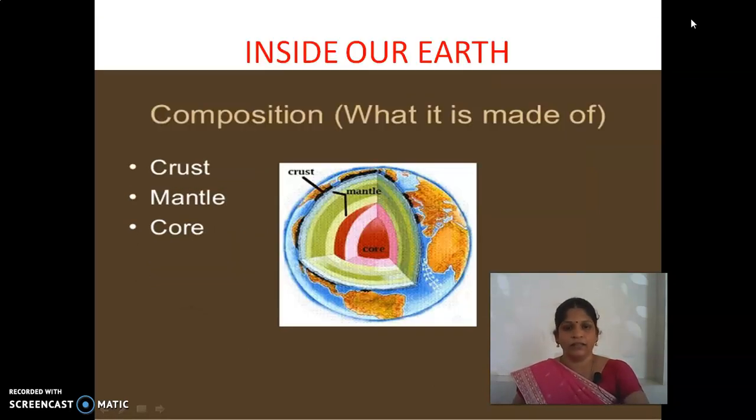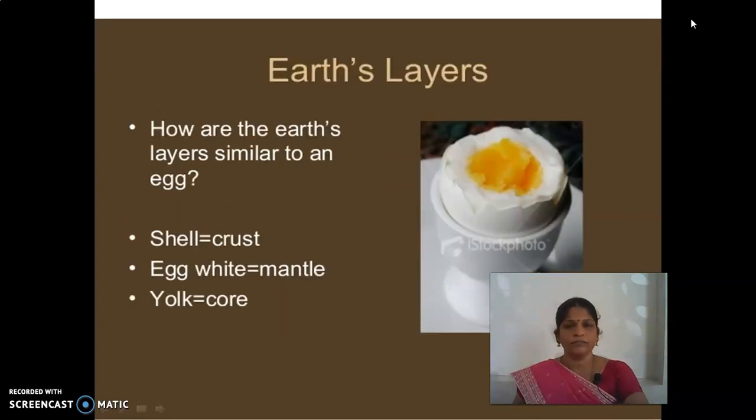If you see, the core I mentioned in red color. In what stage is it? Semi-boiled means it is somewhat sticky and semi-solid, fluid-like. Then the egg white, that egg white is called mantle, the another layer. Then last, the top of the earth surface, that is shell, that is crust.